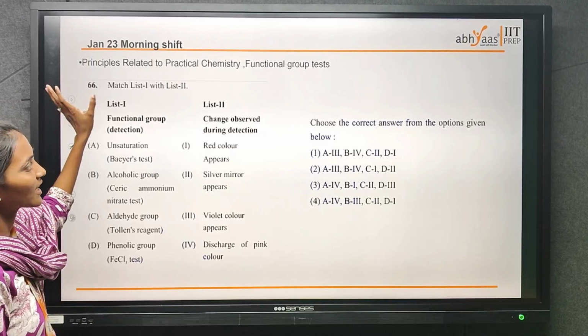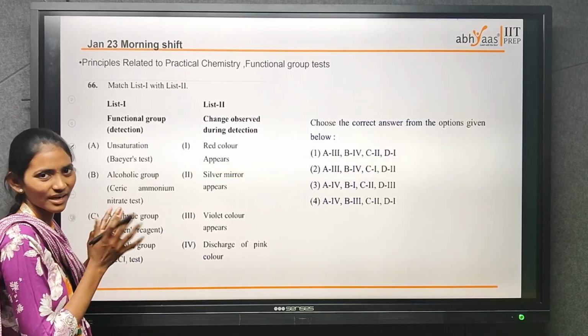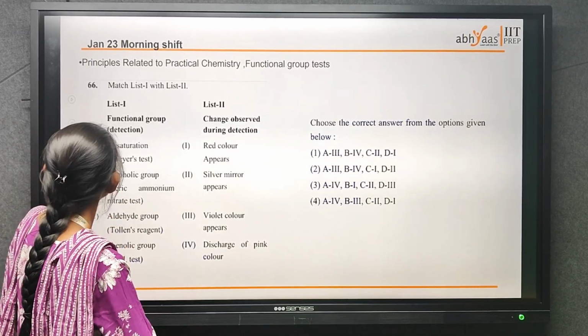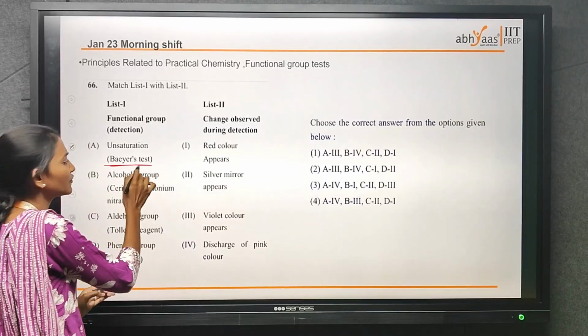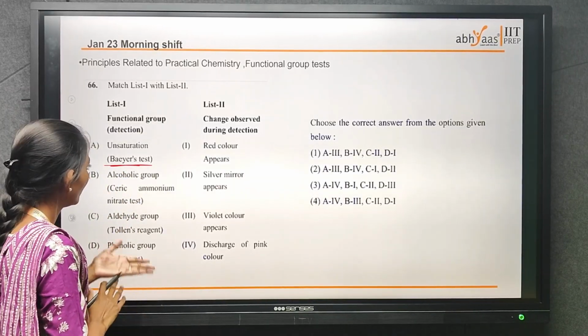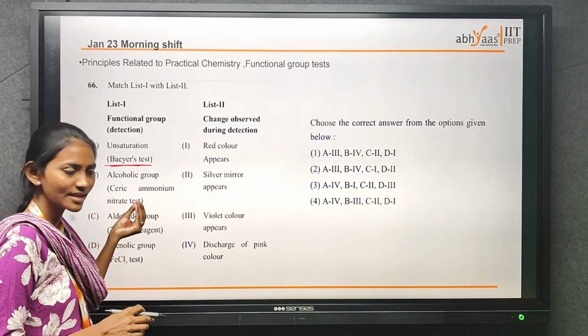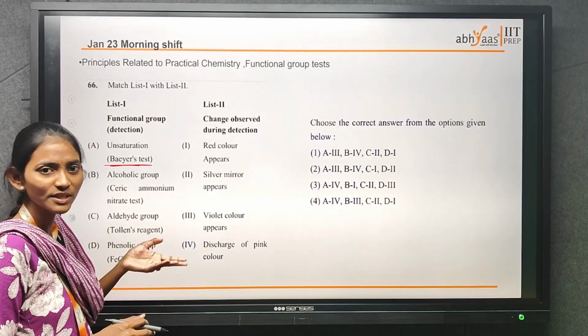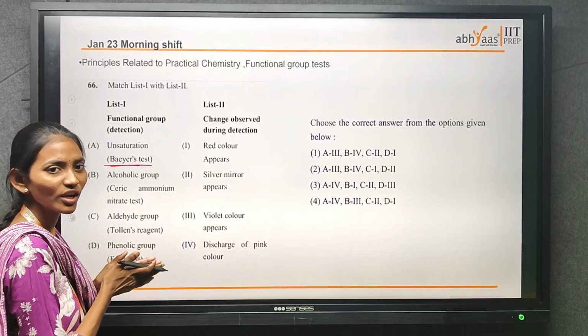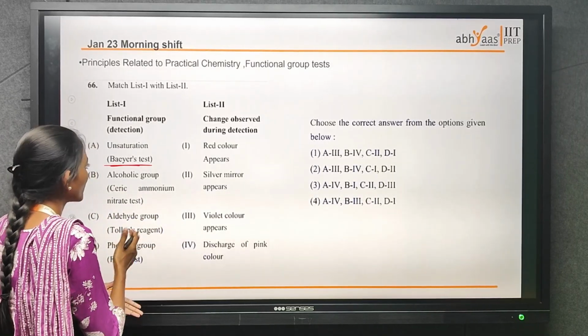This question is from practicals, where you need to apply some practical chemistry. Bayer's test means if you know one option, you can answer easily. In match the following, if you know 2 options, you can answer easily. So match the following is the easiest way to answer.